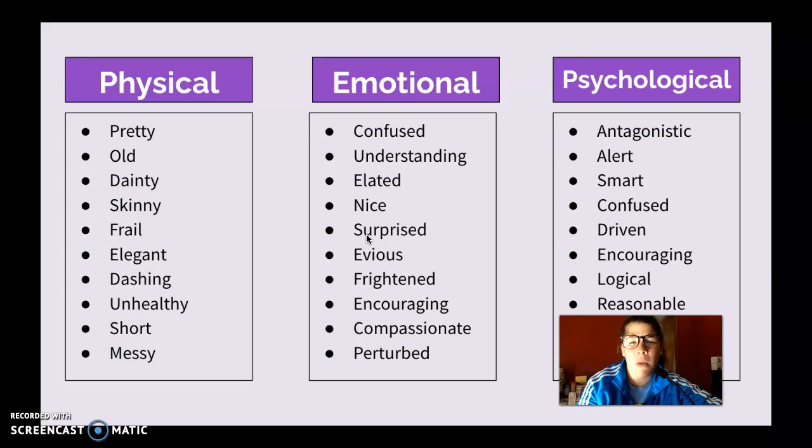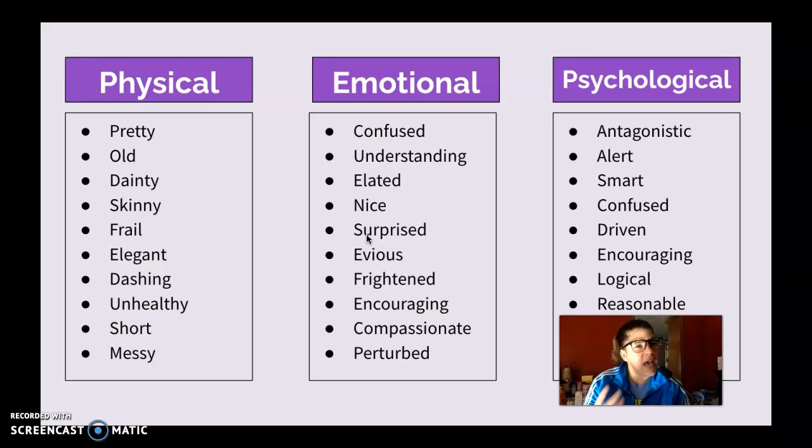Emotionally, that character might feel confused, surprised, encouraging, compassionate, envious, jealous. You might not see them physically, but based on what they're saying and their reactions to things, that's going to describe them emotionally. And psychologically, someone might be very confused, driven, reasonable, knowledgeable.